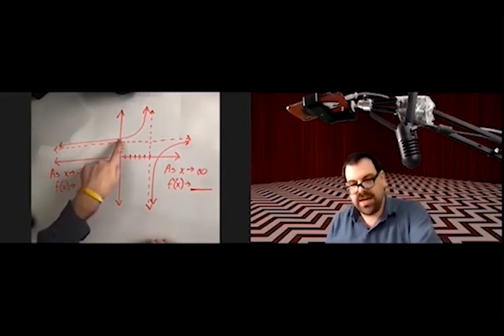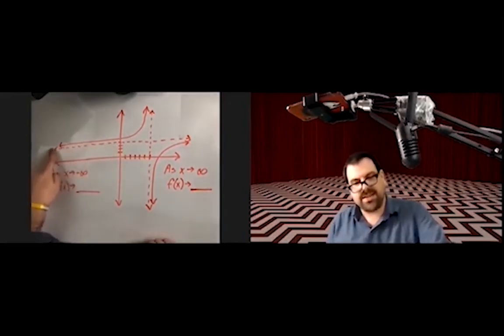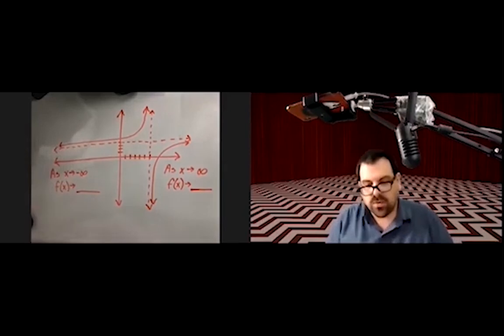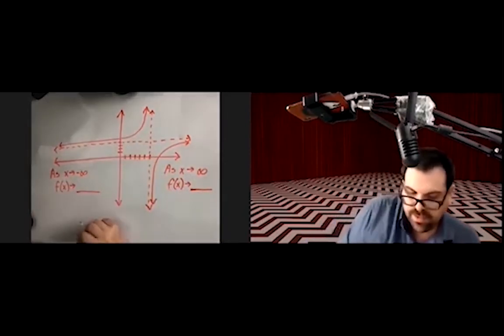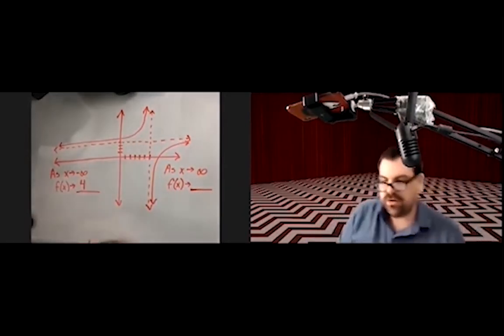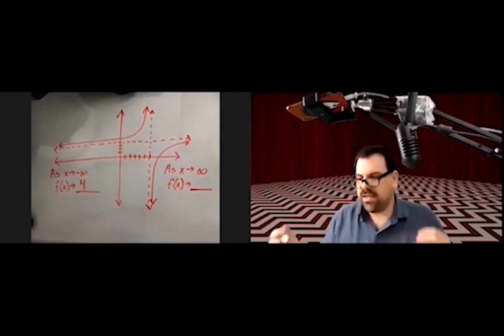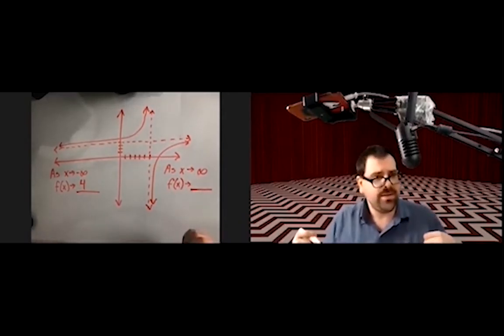As x approaches negative infinity, that means as x gets farther and farther to the left, f of x is getting closer and closer to this horizontal asymptote. F of x is approaching 4, but it'll never hit 4. Asymptotes tell us where the function does not exist.